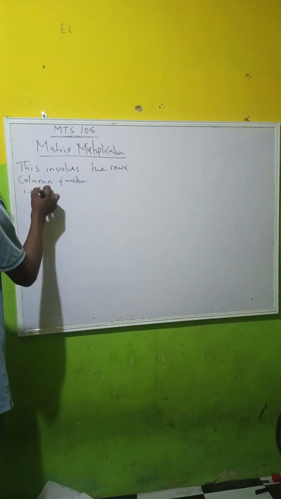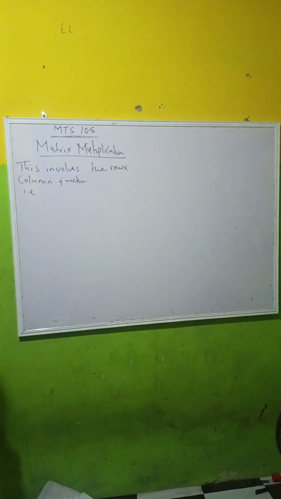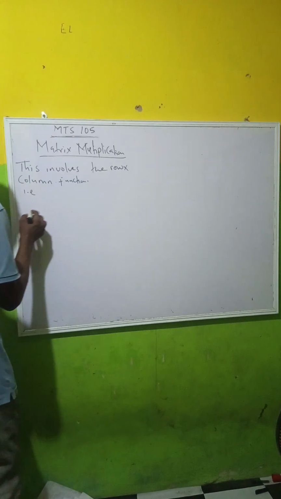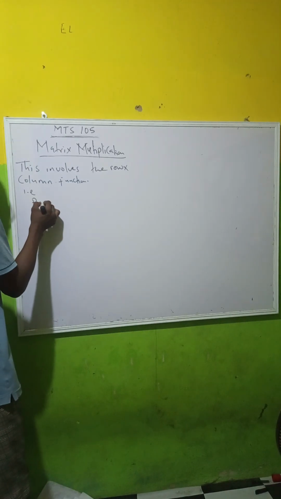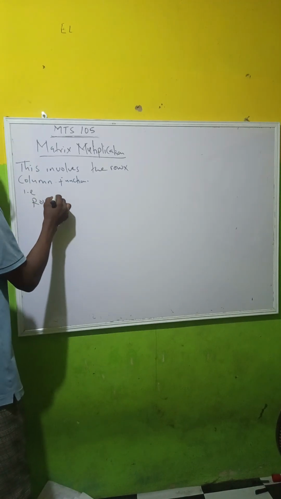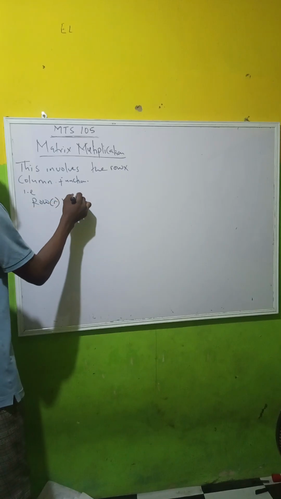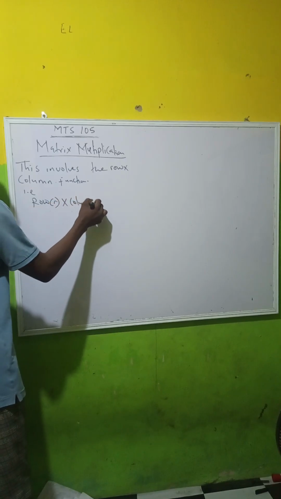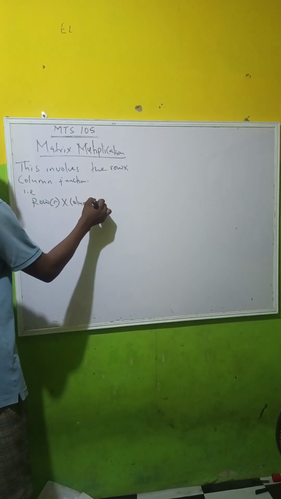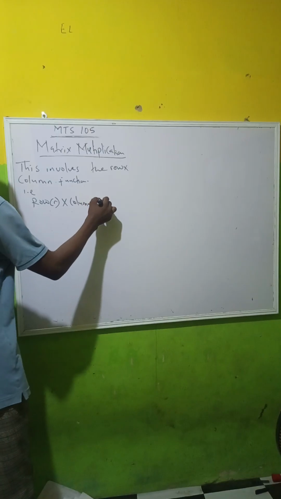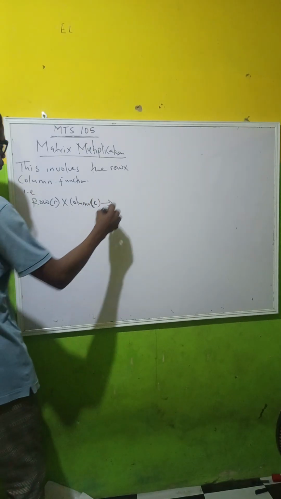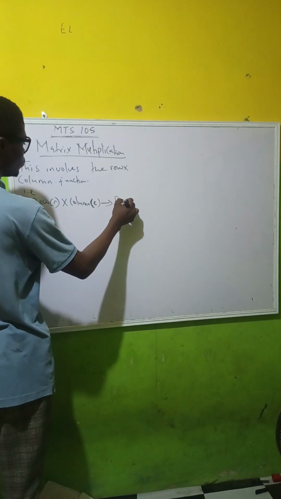What we are saying is that when you want to deal with matrix multiplication, how do you go about that? The law states that row R multiplied by column C is going to give you row.